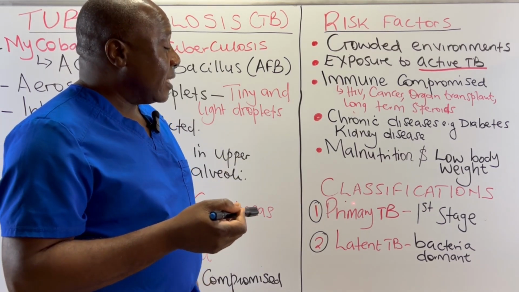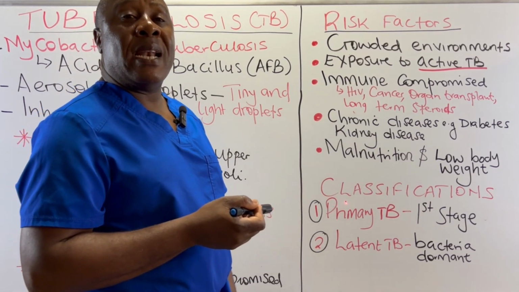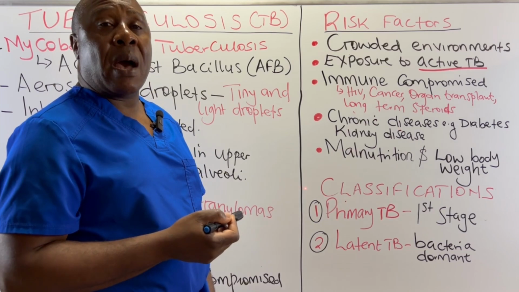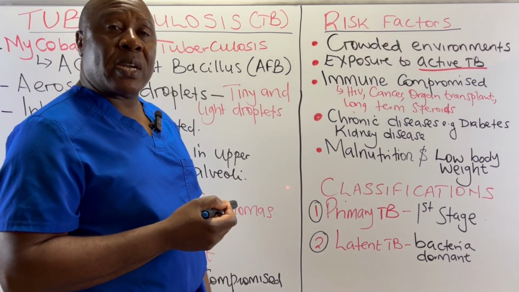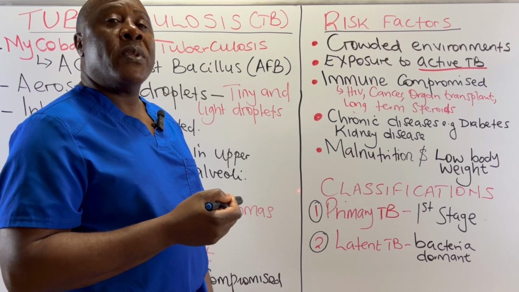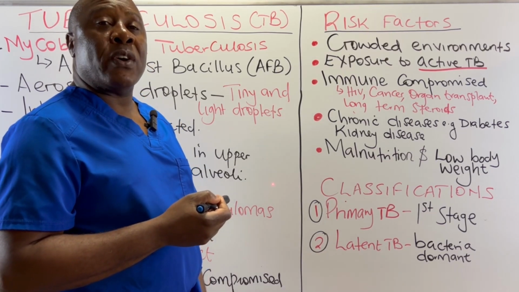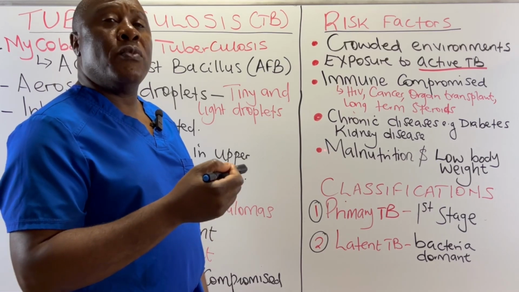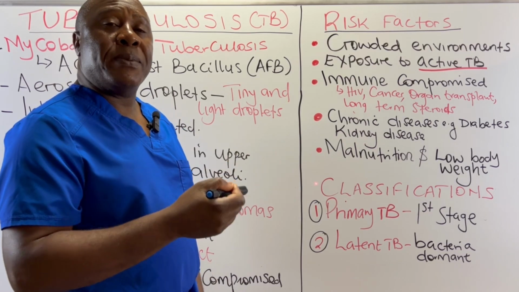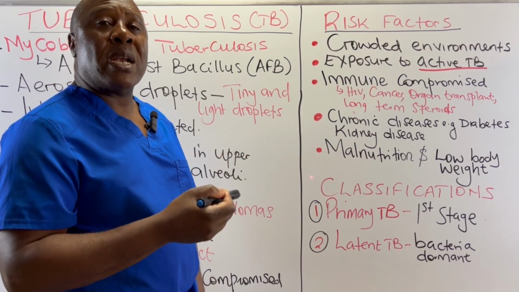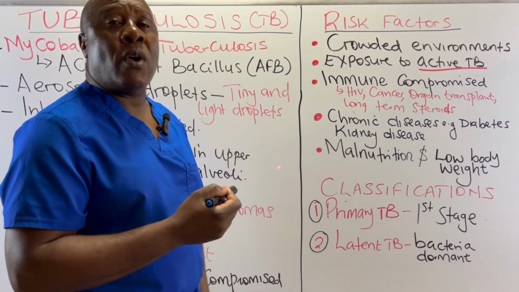Now, we have just said that when the bacteria is inhaled via tiny and light droplets, three things can happen. Either it is destroyed in the upper respiratory tract by the defense mechanism, or it is destroyed in the alveoli by macrophages via phagocytosis, or it could become latent TB, it could become dormant. That means it is captured and surrounded by white blood cells in the granulomas, making it dormant, or it could break into active TB.